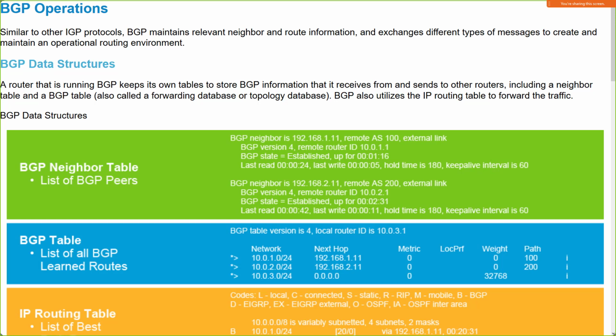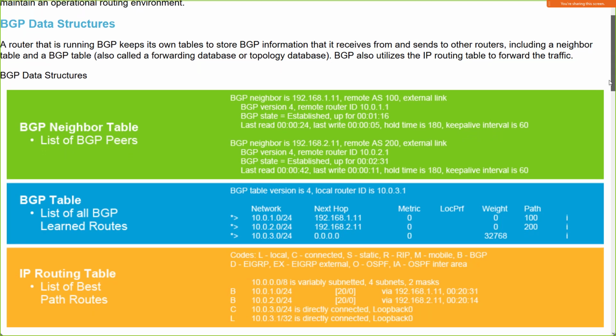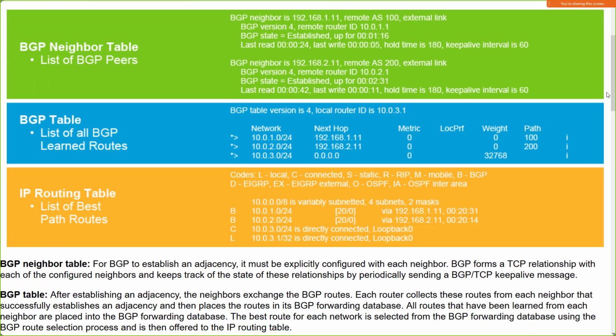Show IP BGP, which is the blue box there, is my topology database, or what we refer to as the BGP RIB. It lists all of the possible prefix destinations and all of the ways that we've learned about those prefixes. Now keep in mind, like EIGRP, a neighbor is only going to advertise what they're using.